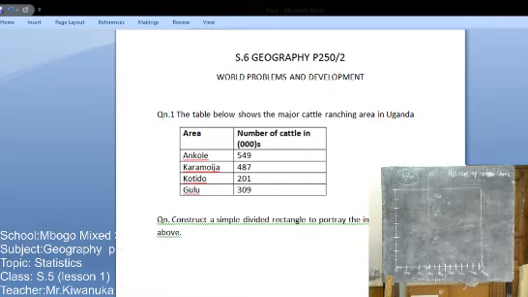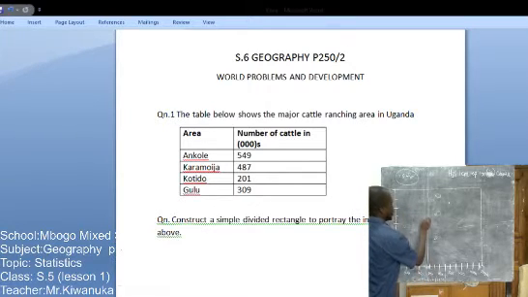But for us, we want to put 549. 500 is here. 20, 40, 60. So the 49 is in between 40 and 60. So that third small box in between, that is what we take on. Then you draw.